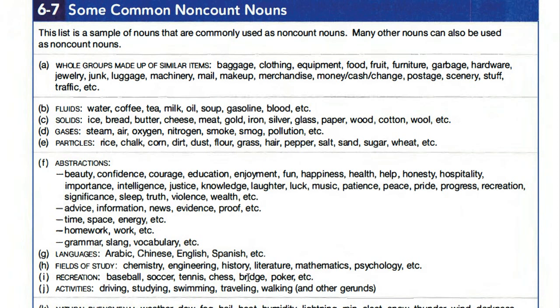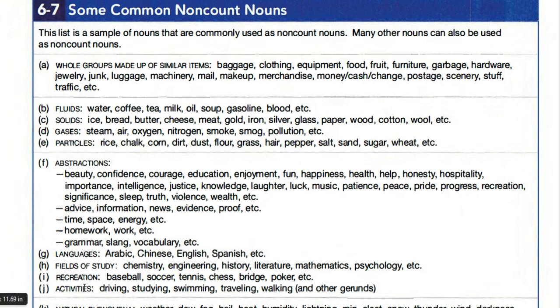If I take a bridge, one bridge, we can count it as bridges, but not baseball. We cannot say baseballs, though I can say soccers for maybe the teams, I mean the team, not the word soccer itself. And tennis, I cannot say tennises because it's a game. Chess also, it's a game. I cannot make it countable because it's only one game.